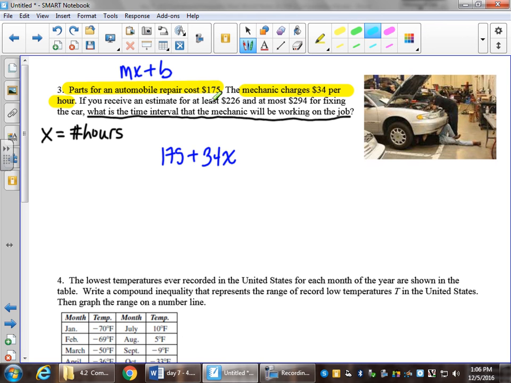If you receive an estimate for at least 226, so that means greater than or equal to 226, at least this much, and then notice it says at most 294. Less than or equal to 294.